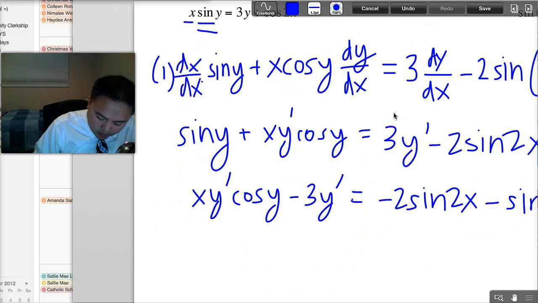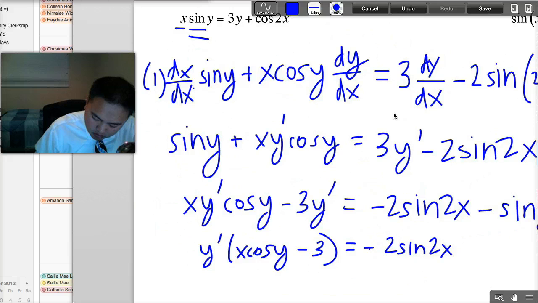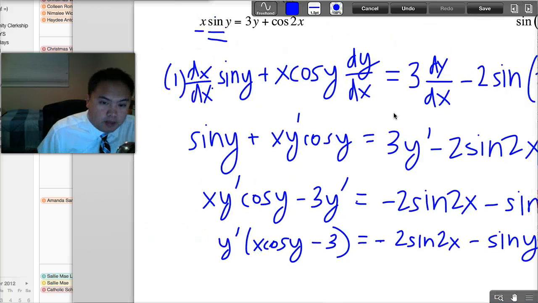So I'm going to factor out a y prime, and that leaves me with x cosine y minus 3. So all I did was factor the y prime.